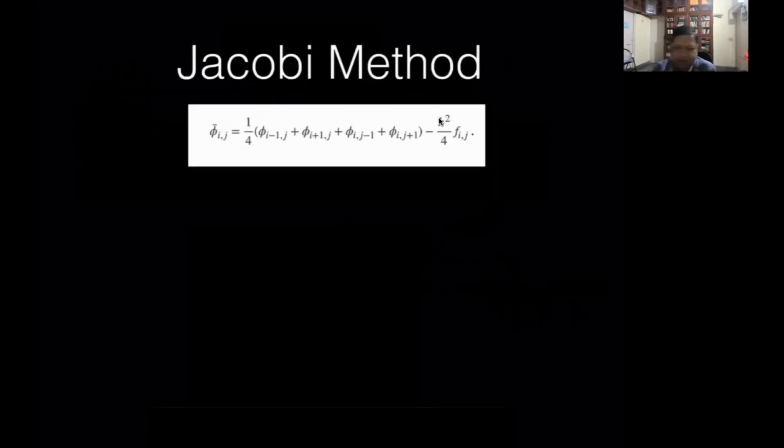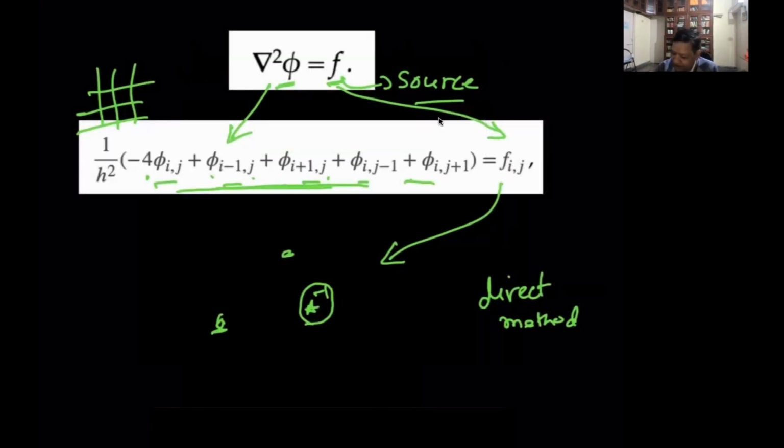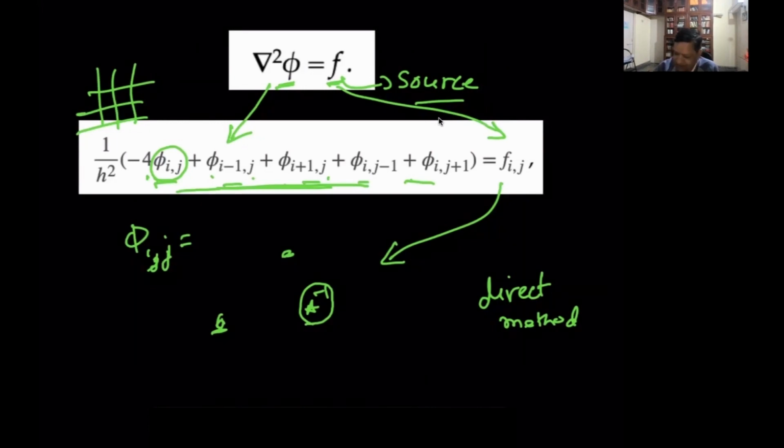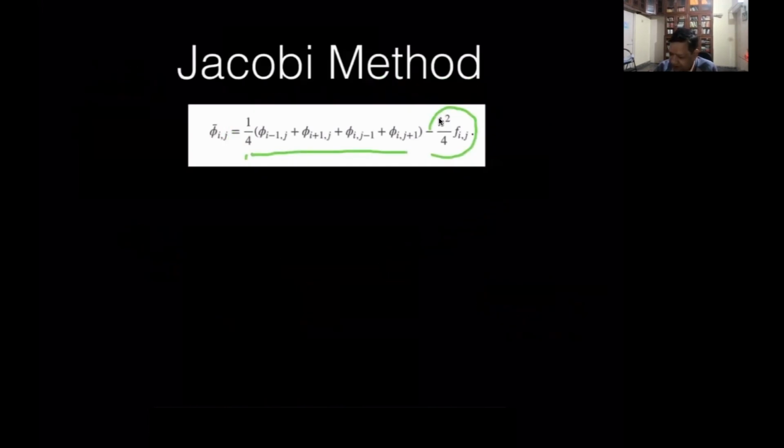So what will the Jacobi method be? We have already solved for Laplace. Take the old values of phi and average them. So I'm solving phi i comma j equal to the average of the neighbors, plus the right hand side, and there will be a 1/4 here as well.